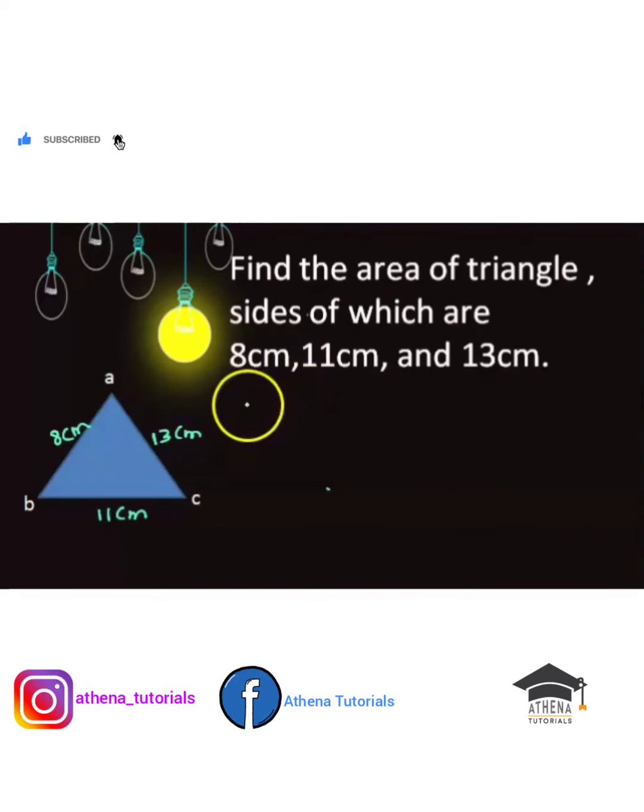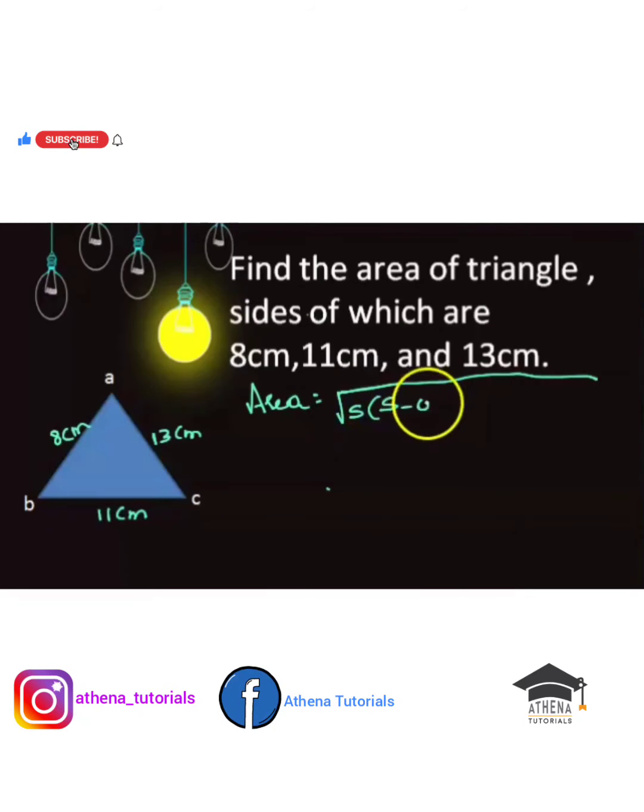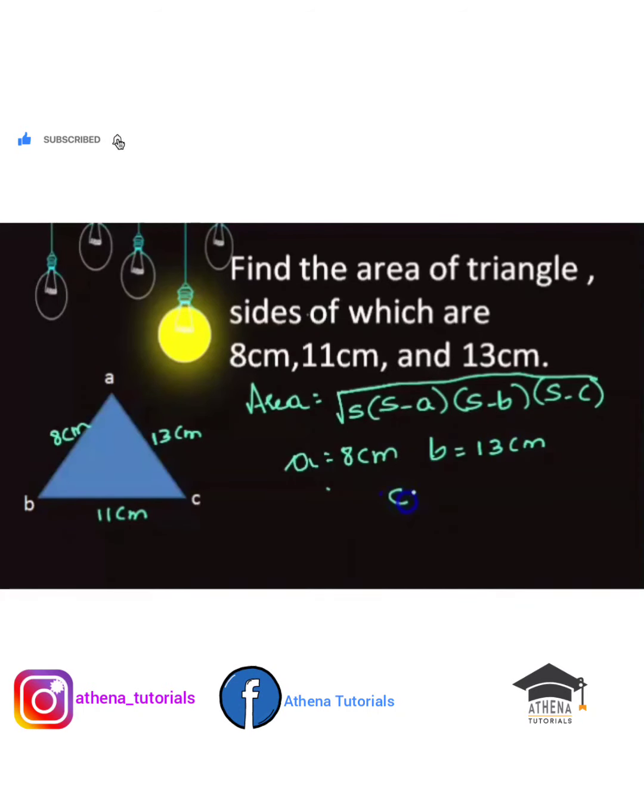We need to find the area of this triangle by using Heron's formula because we don't know the height. The formula is root of S into S minus A into S minus B into S minus C. We know the values of A, B, C. A is equal to 8 cm, B is equal to 13 cm and C is equal to 11 cm.